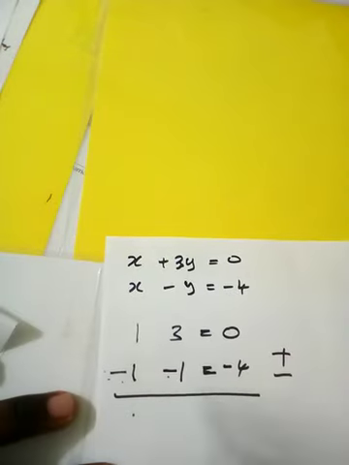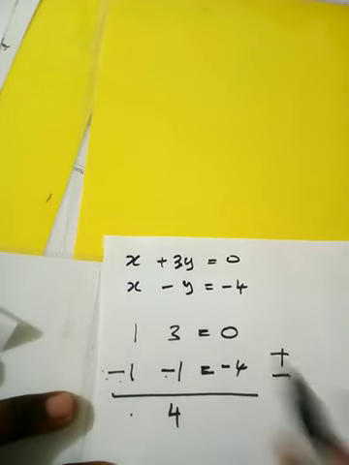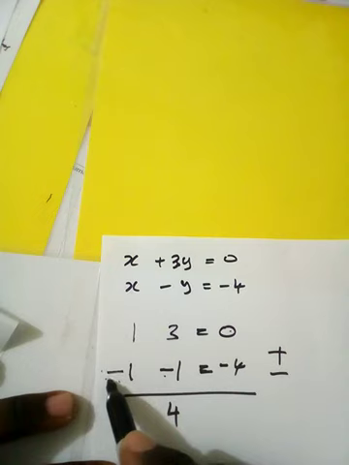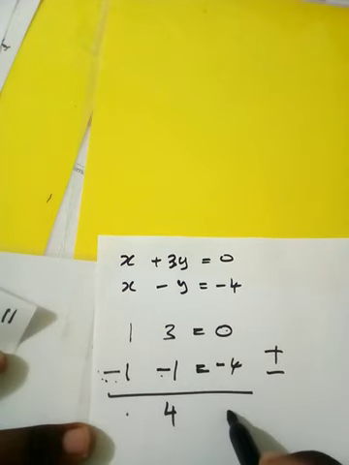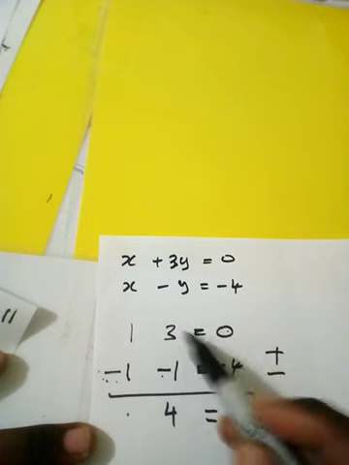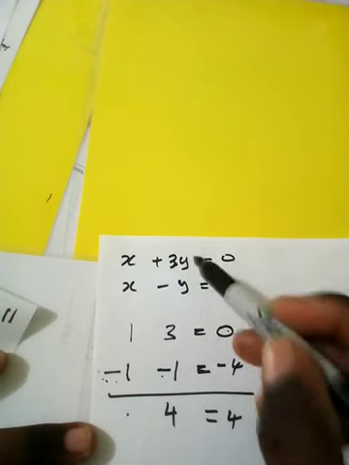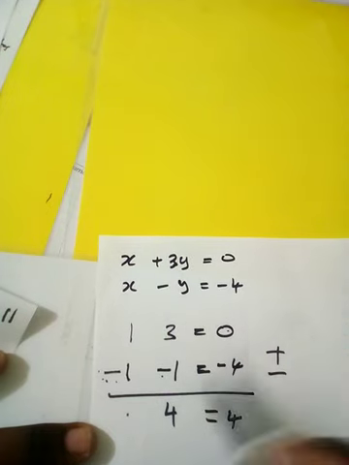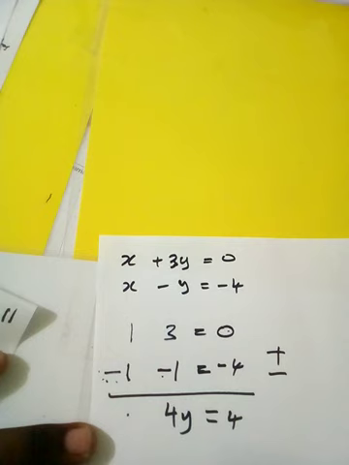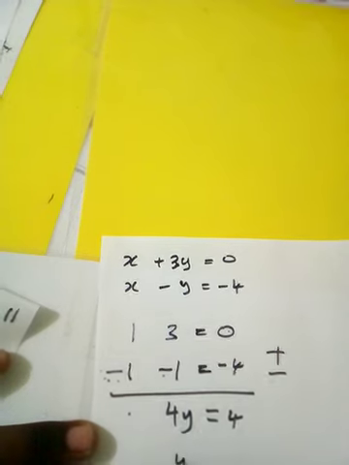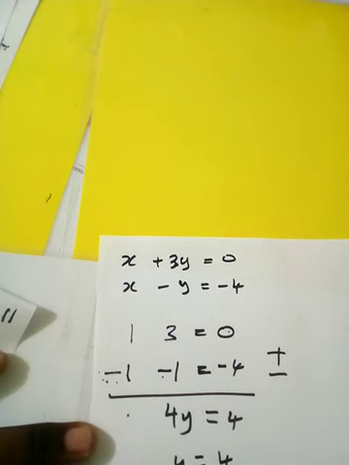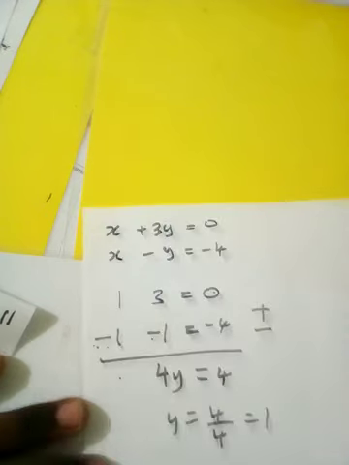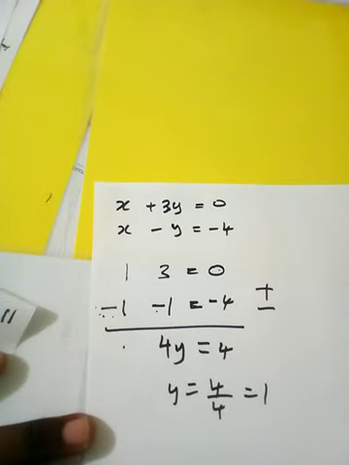So 3 minus 1 is equal to 4. And 0 minus 1 will equal 4 also. Now this stands for which variable? Y variable. See it coming down, so we'll just put the y beside it. And then we solve for y now. So y equals 4 divided by 4 equals 1.